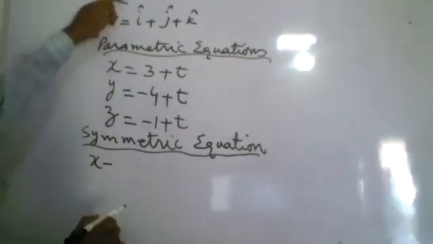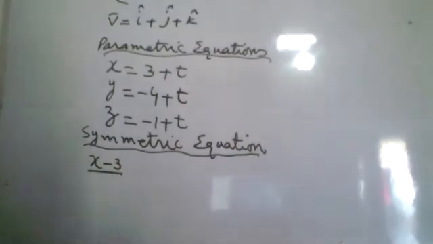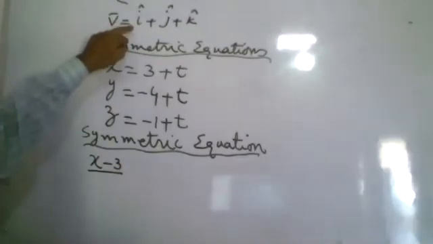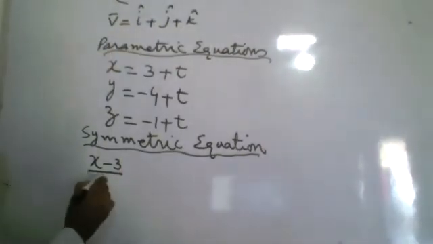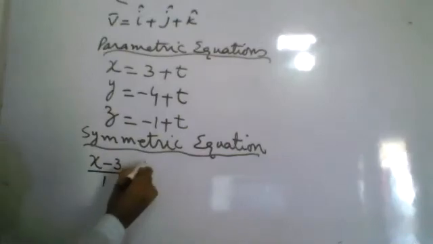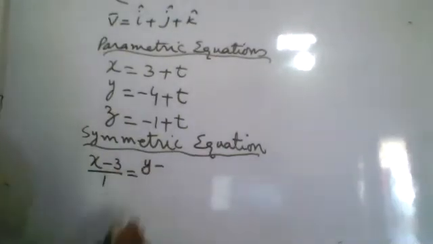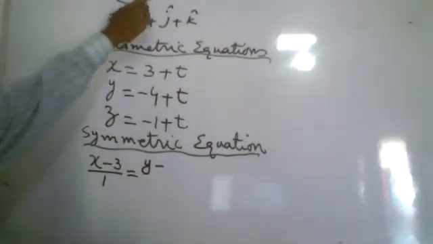The x component of the point is 3, upon the i component of the vector, this is 1, upon 1, is equal to y minus the y coordinate of the point P. This is minus 4.